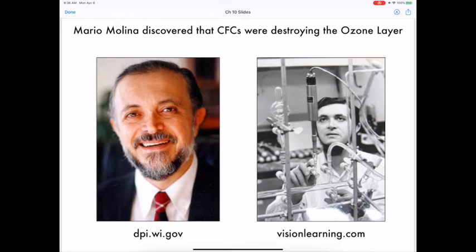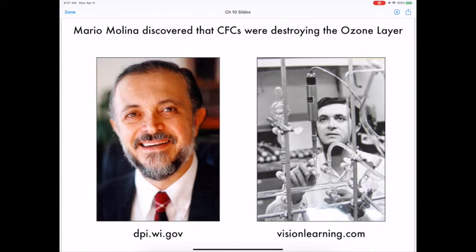Now, even though what I'm talking about here is atmospheric chemistry, Mario Molina's training or his background is actually in chemical engineering.